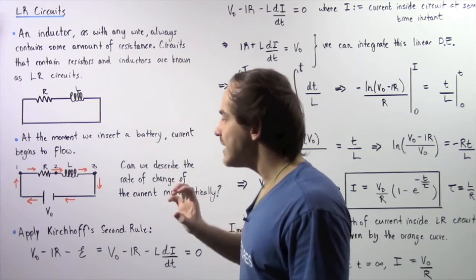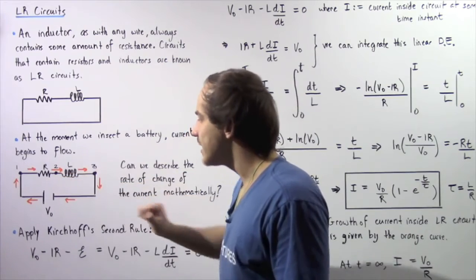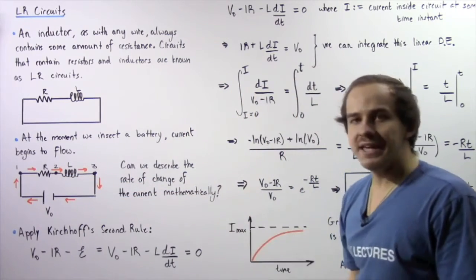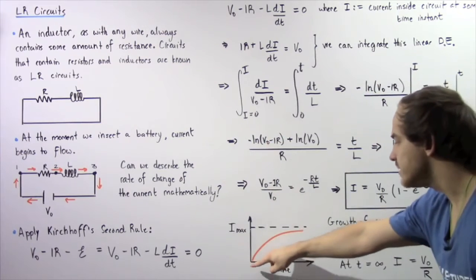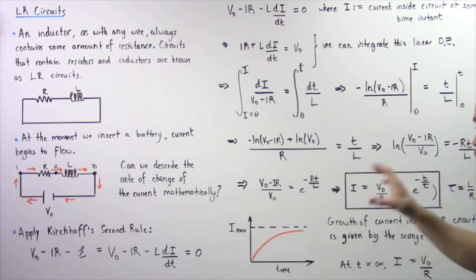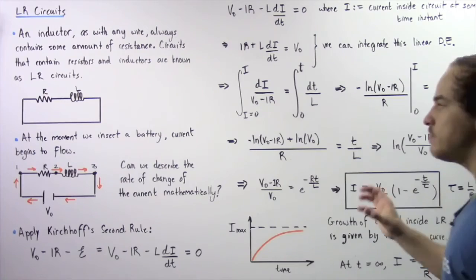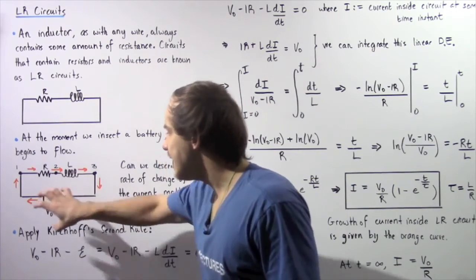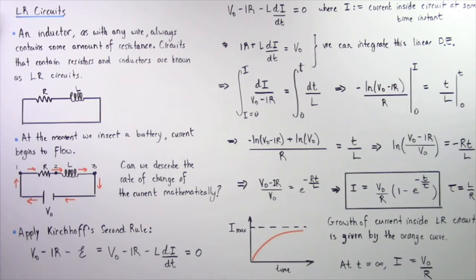Once we place our battery inside our electric circuit, our electric current will begin to increase according to this curve. This curve represents the growth of our electric current inside our LR circuit once we place our battery with the voltage given by V0 into our electric circuit.